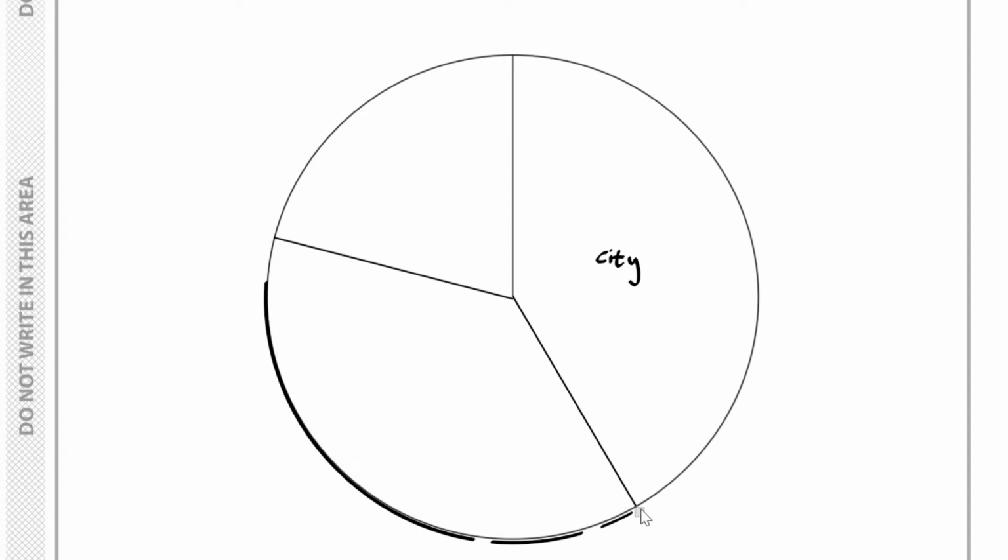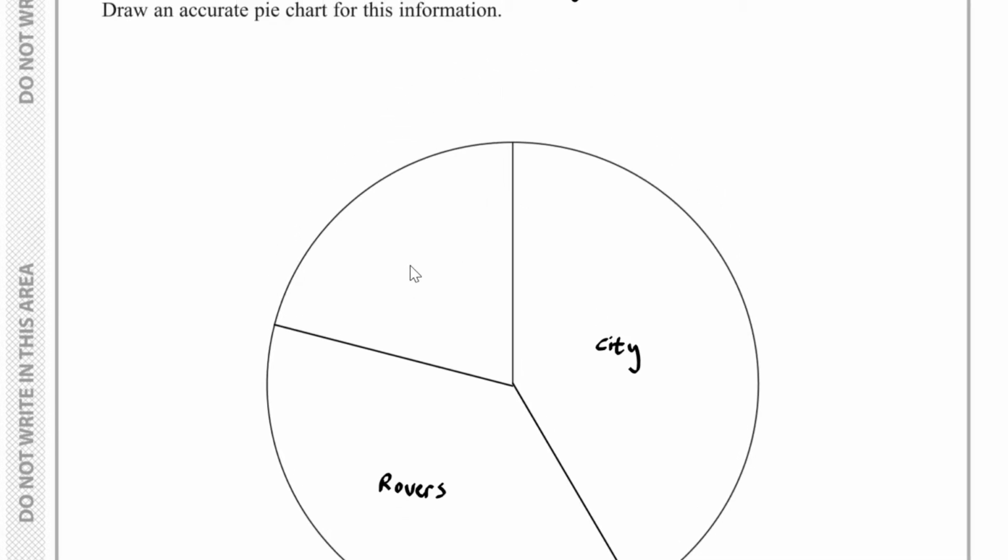Let's just rub this line out. And this over here corresponds to Rovers. And the last one that's left is the 75 degrees, which is United. And it wouldn't hurt to add in the angles as well. So here we've got 150 degrees. Here we've got 135 degrees. And here we've got 75 degrees.